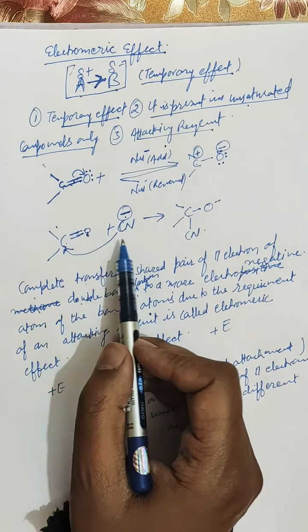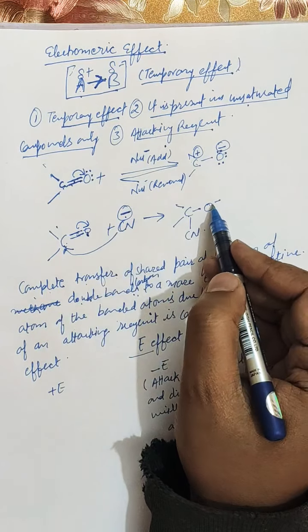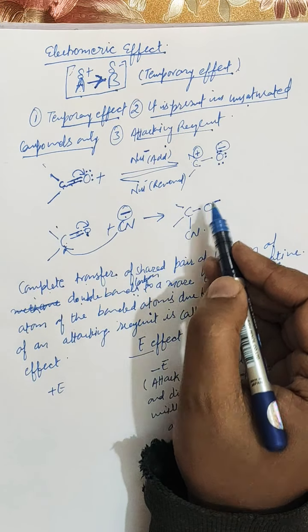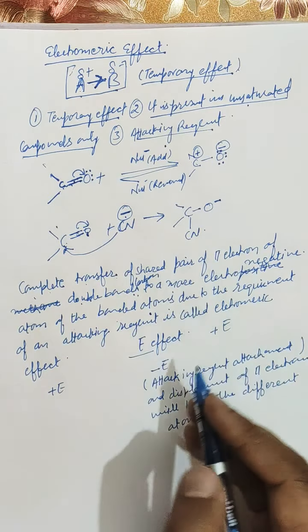So see, here is the minus E effect because the transference of this pi electron takes place to the oxygen, due to which negative charge is generated and cyanide attaches to the carbon. So there is a minus E effect.